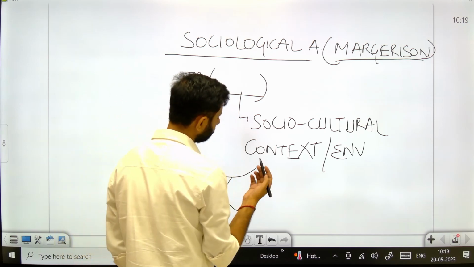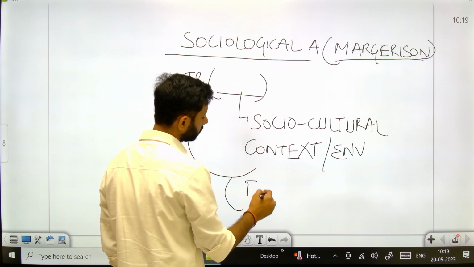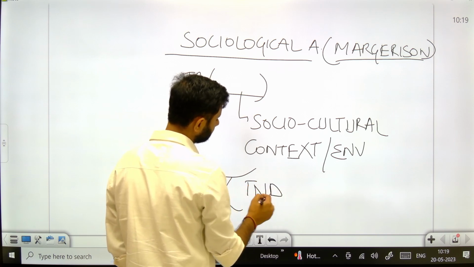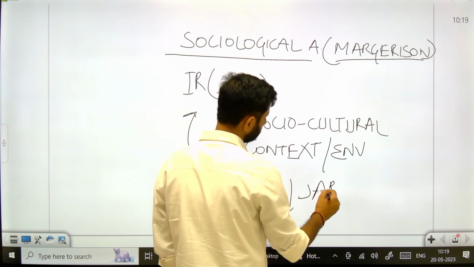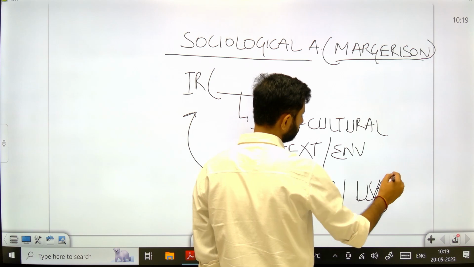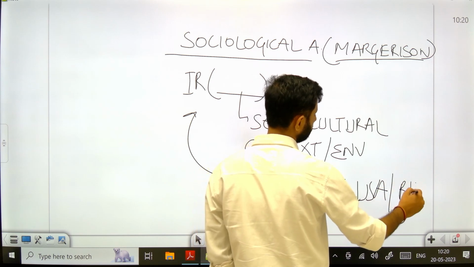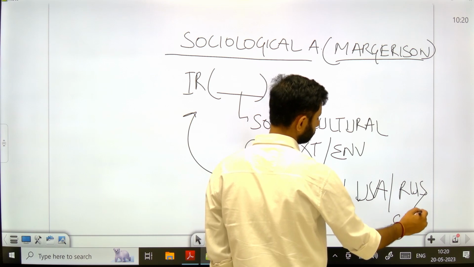So it will vary across countries: India, Japan, the States, Russia, or a communist state like China.